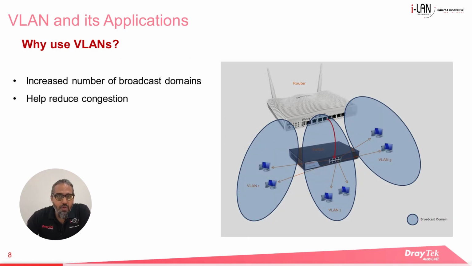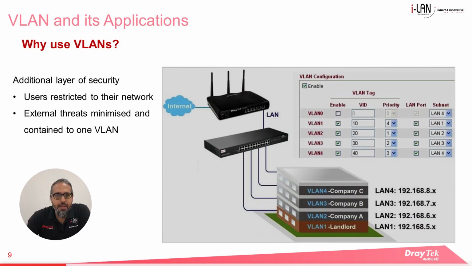One of the benefits of using VLANs is that it increases the number of broadcast domains, hence reducing congestion and improving performance of the network as described in our previous slide. VLANs can also be used to create logical groups and allow communication between required subnets.